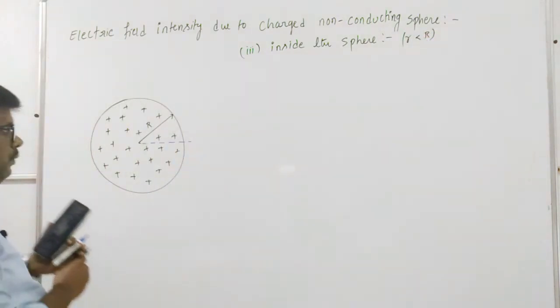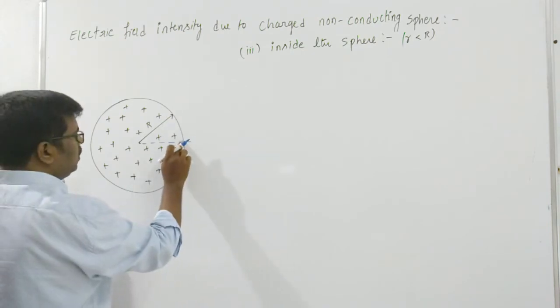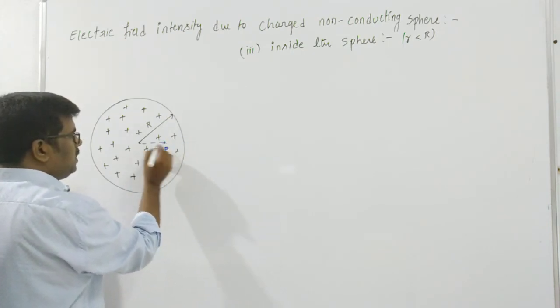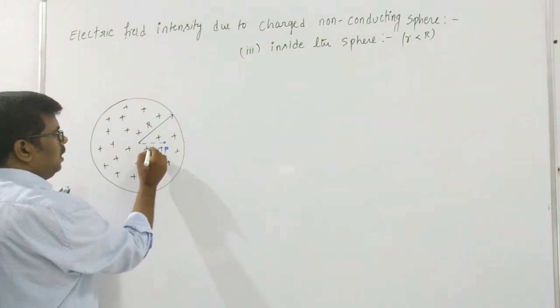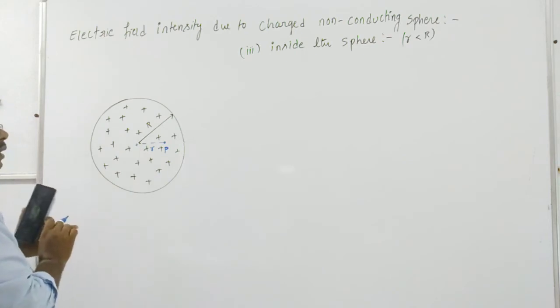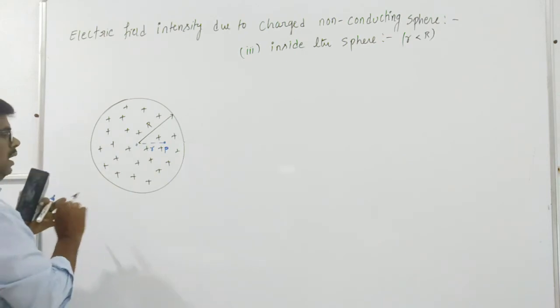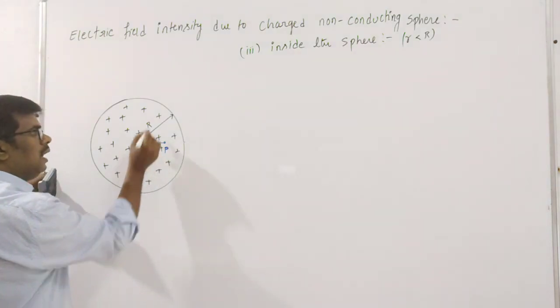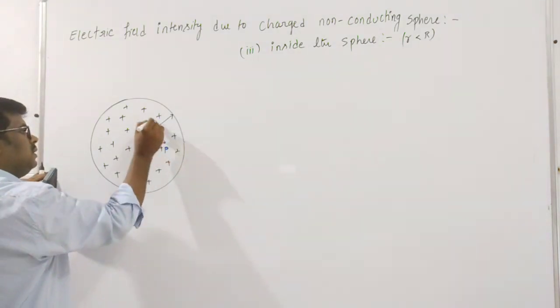Let us see. I am taking a point P which is inside the sphere and the distance is r from the center O. Now what I have to do? I have to construct a Gaussian surface whose radius is r now. That r is less than capital R. So this is the Gaussian surface.